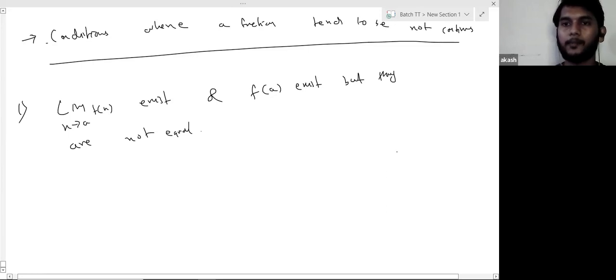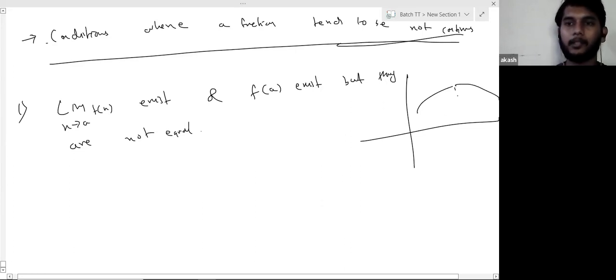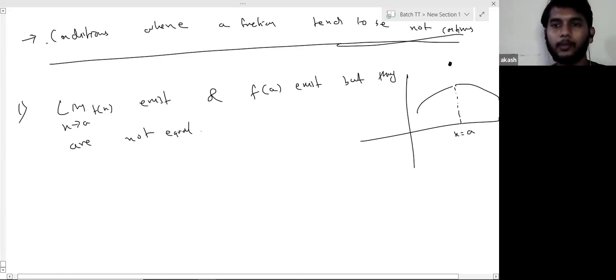Graphically, what do we have to understand? Suppose this is a function. This point is x equals a, and this is the point on the graph. If you find the LHL at a, this is the value.